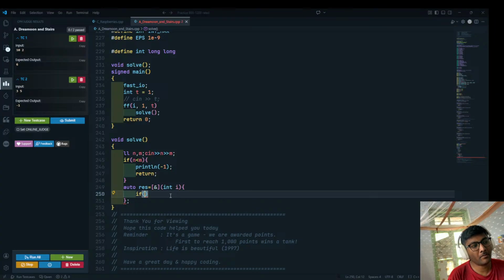What is the minimum number of moves? If n is equal to 1 or n is equal to 2, return 1.